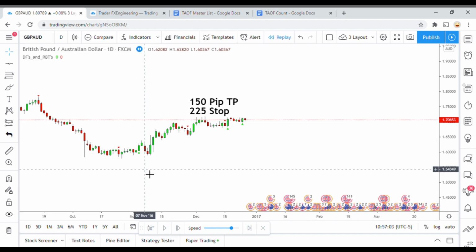I've skirted that rule a few times just because I feel like it's only right to give some indicators a little bit more of a fair chance. But any opportunity that we have to trade an indicator on its own and only on its own, we take that opportunity to do so.